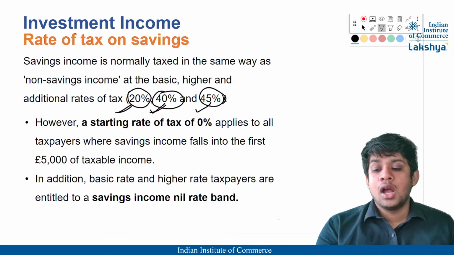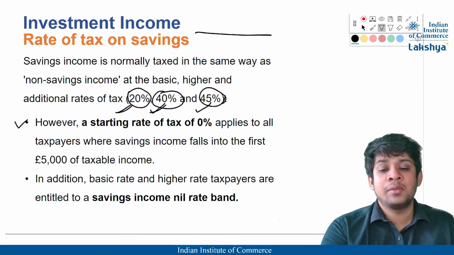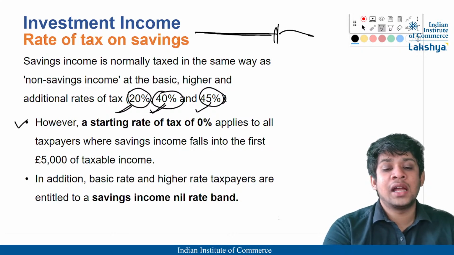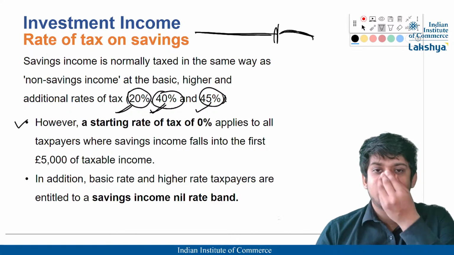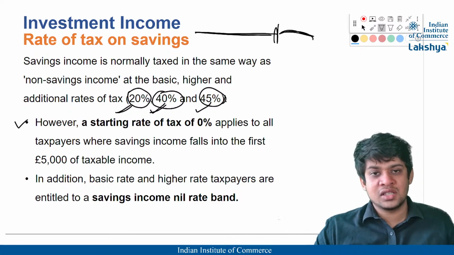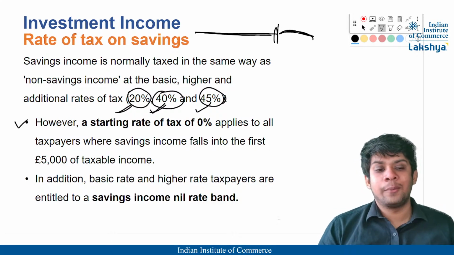Now, there are certain advantages provided to savings income, because usually the non-savings income takes the first part of the basic rate band, and after that comes your savings income, correct? So savings income usually reaches the 40% band, and because of that they have to pay very high tax on the savings income, right?